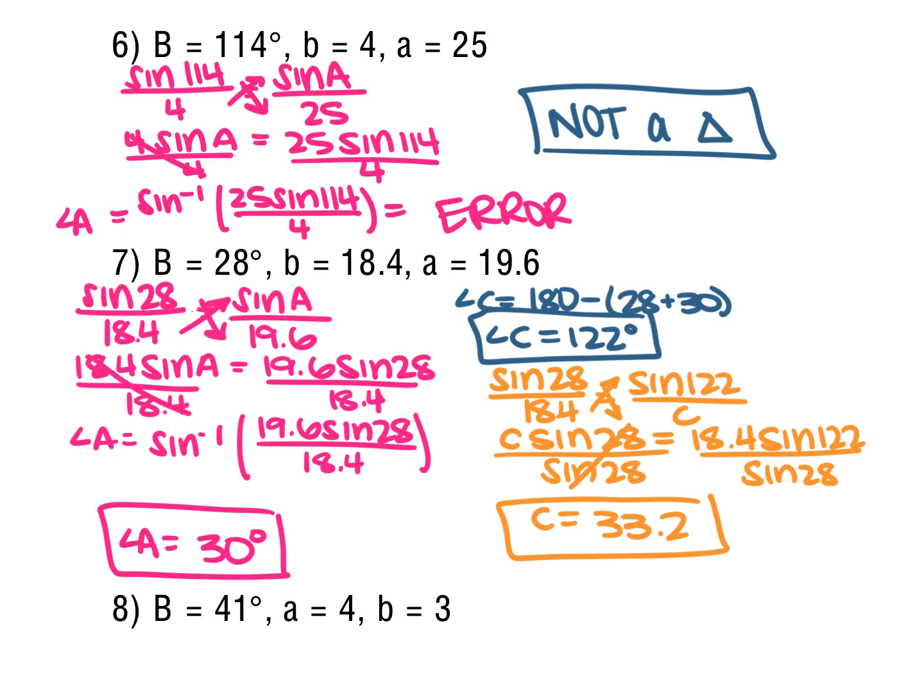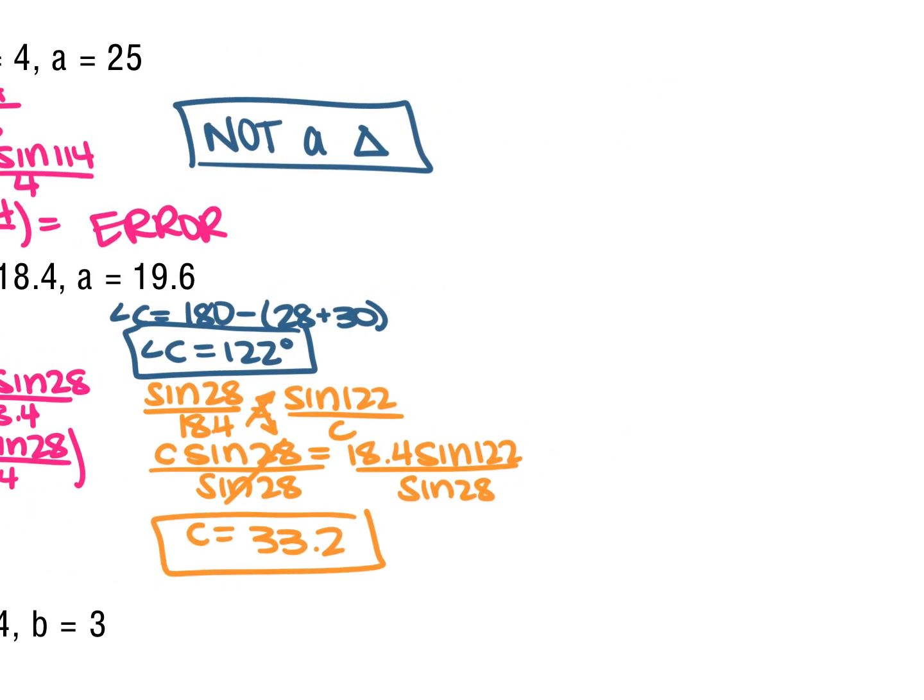From the angle A that you found, you're going to subtract it from 180 to find the other angle A, if there's a second triangle. So for triangle 2, angle A, we're going to do 180 minus 30, which gives us 150.